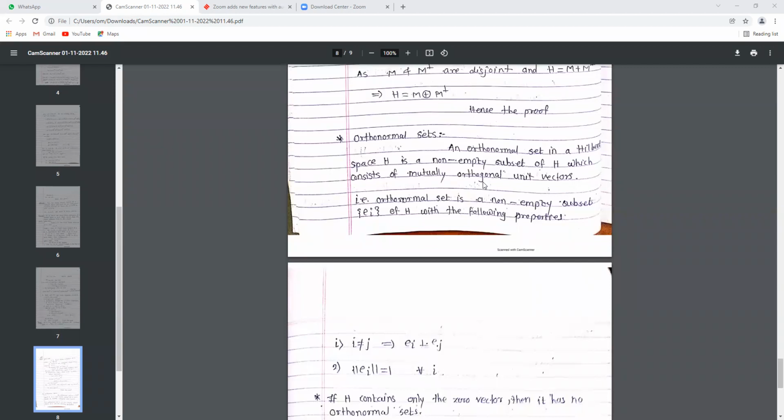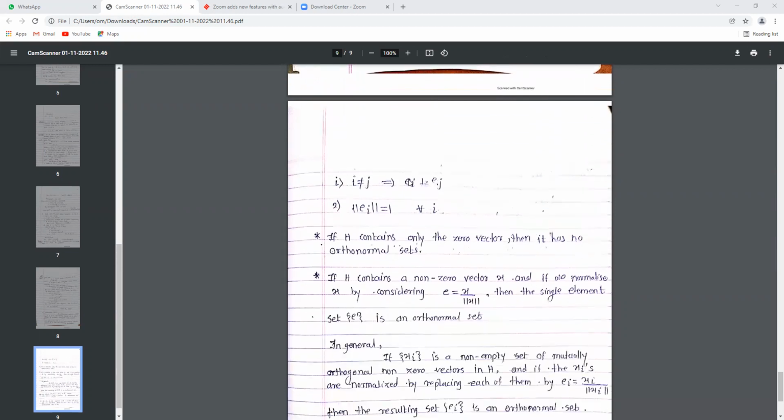That means the set consists of vectors which are mutually orthogonal, as well as unit vectors. If a set satisfies these two conditions, then it is said to be an orthonormal set.